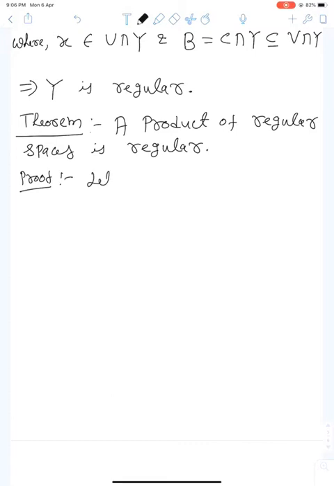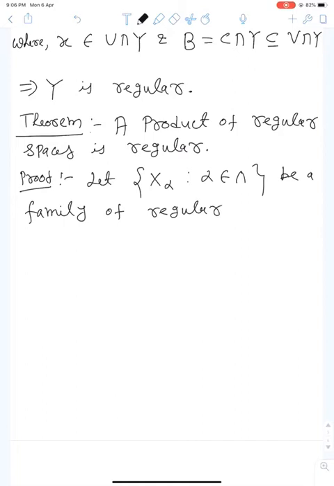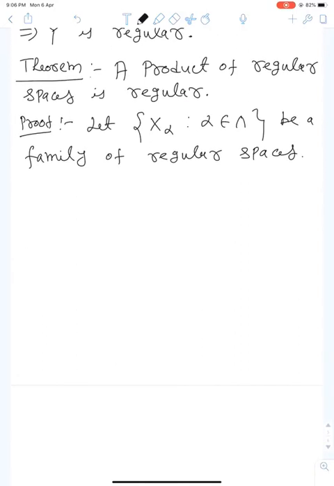So let again X alpha be a family of regular spaces. Now since each X alpha is regular, therefore each X alpha is Hausdorff as well.